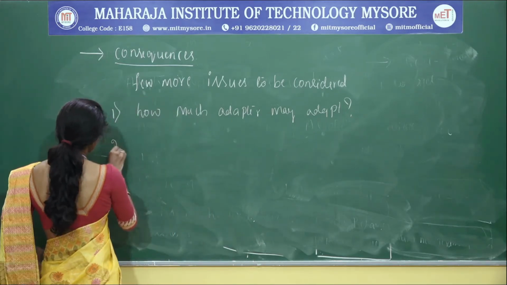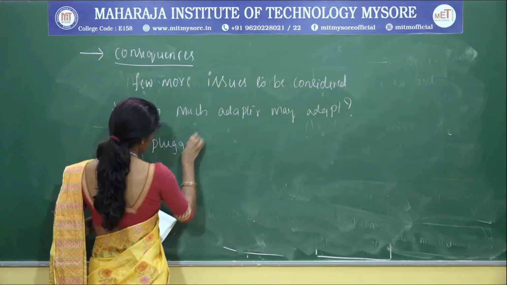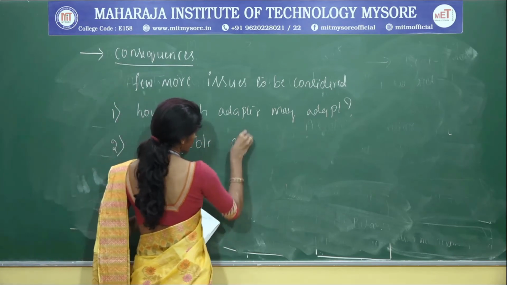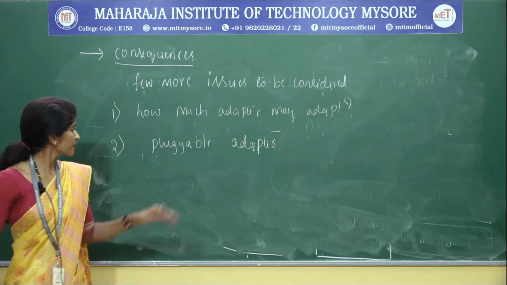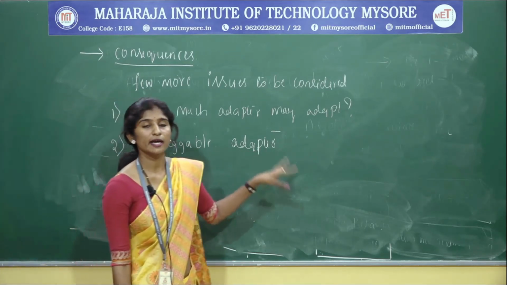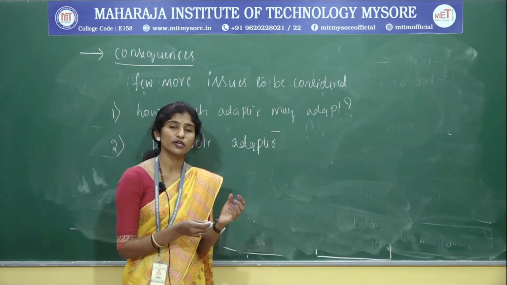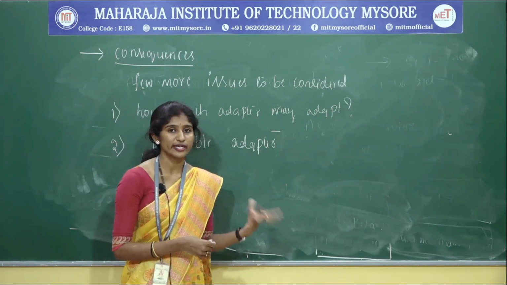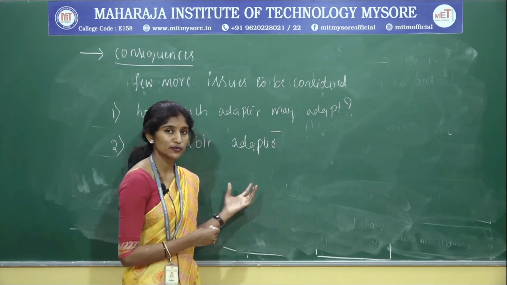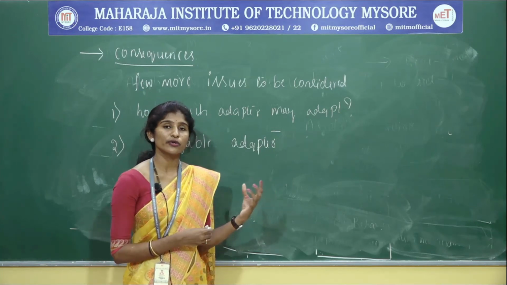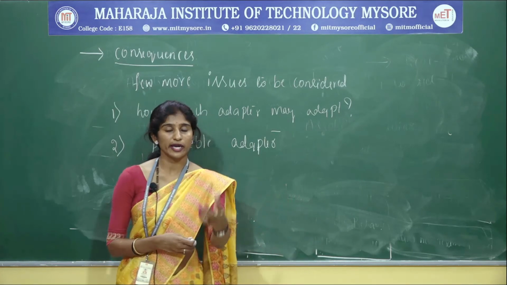And the next is a pluggable adapter. A pluggable adapter is nothing but hiding the assumptions, means you are not going to make the interfaces visible. If you are not aware of the interfaces that it is going to use in an adapter, then you are not going to assume any of the concepts. There may be one class, one adaptee, or two adaptees.